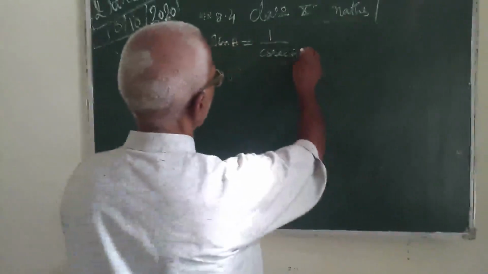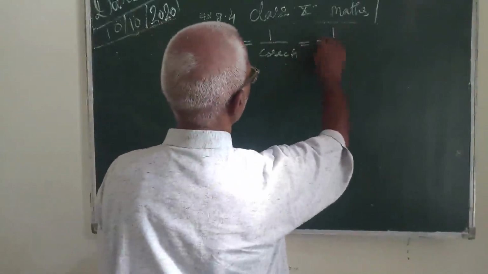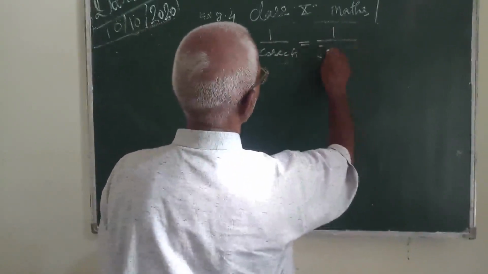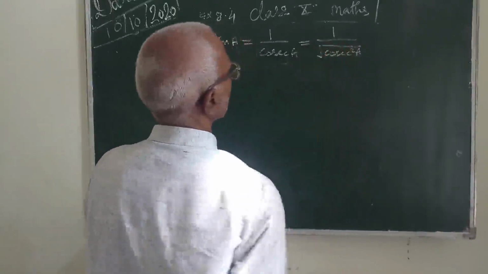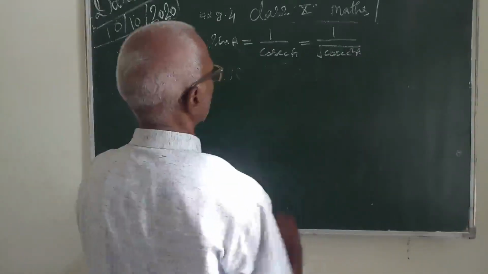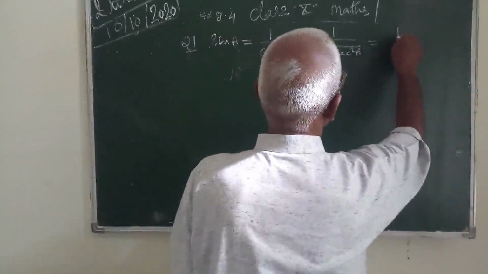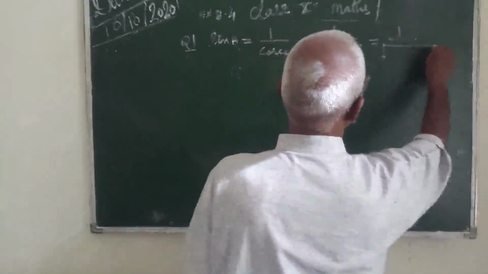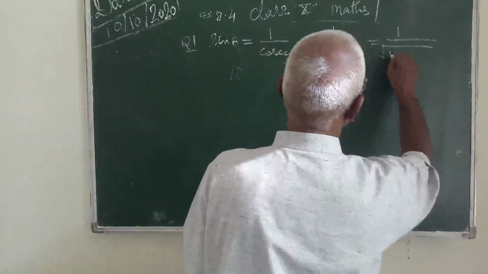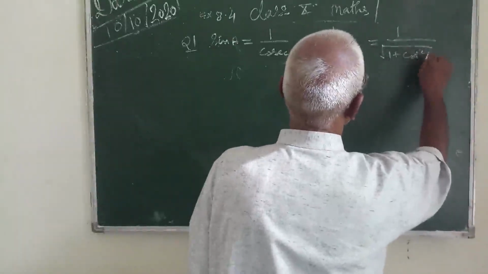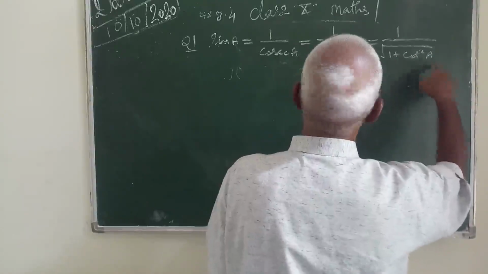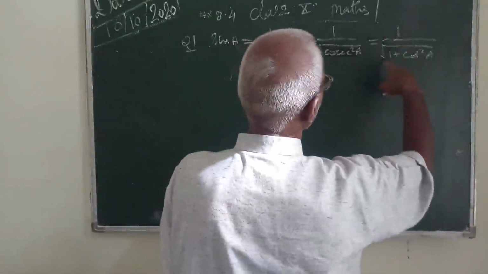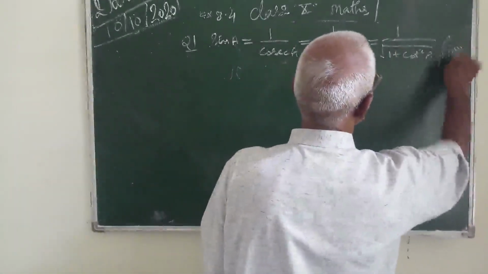and cosec is directly related with cot, which is equal to 1 upon, you can write here, square root of cosec square A, because root of cosec square A will be cosec A, and one formula is there: cosec square A is equal to 1 plus cot square A. That changes to 1 upon root of 1 plus cot square A. So sin A is equal to 1 upon root of 1 plus cot square A. This is the answer.